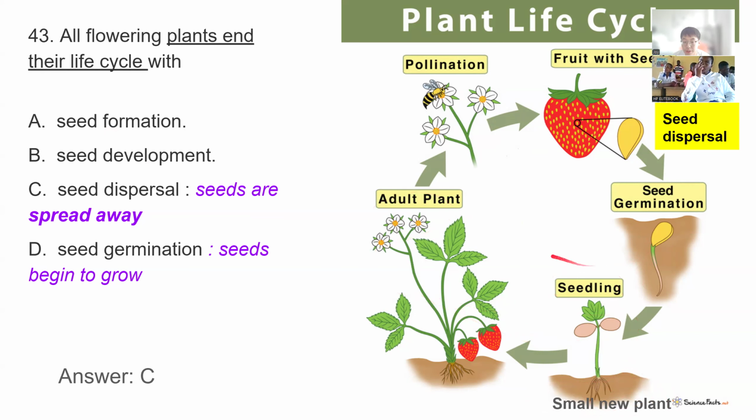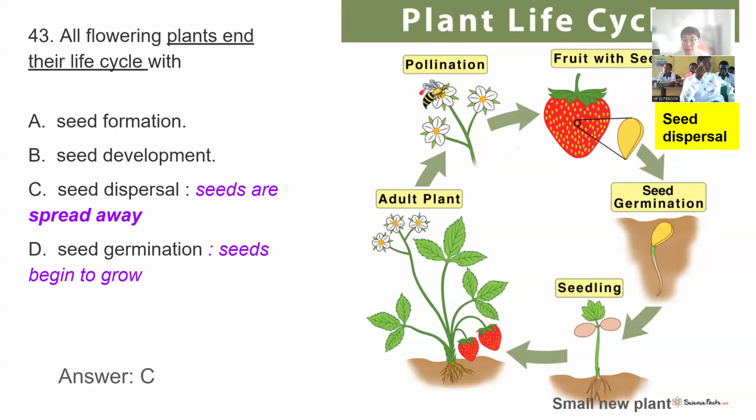And then the seedling develops into an adult plant. It grows to an adult and it forms flowers. And we've looked at how pollinators like bees can help with pollination.